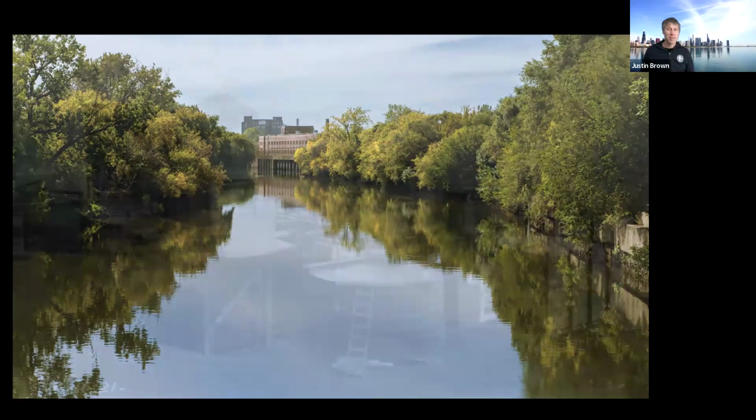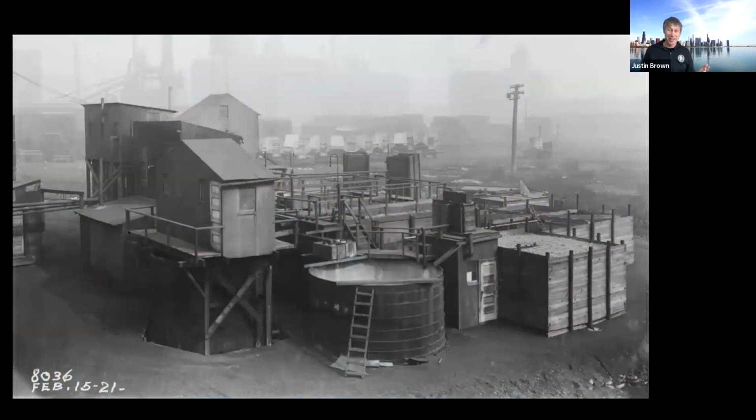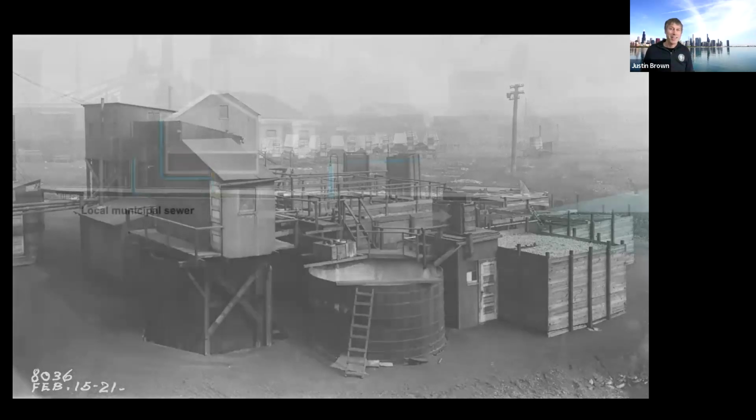I mentioned a second ago that the technology didn't exist to clean sewage when the sewer system was first built. Well, we actually worked to develop wastewater treatment technology at pilot plants like the one you see here. At these facilities, we prototyped ways of cleaning sewage, figured out what worked and what didn't.